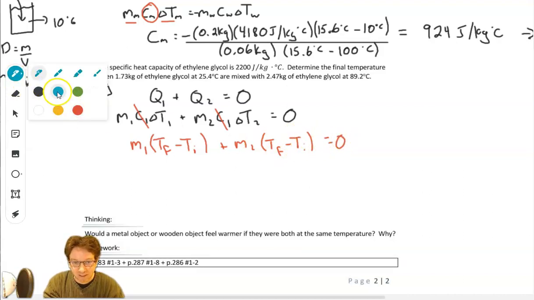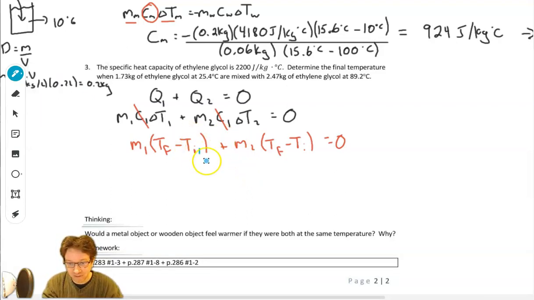Now the final temperatures of both substances will be the same because they reach thermal equilibrium. The initial temperatures won't. So I'm going to call this Ti1 for our first substance and Ti2 for our second substance, just so I know that they're different.